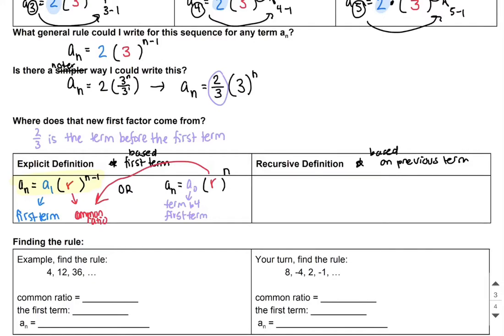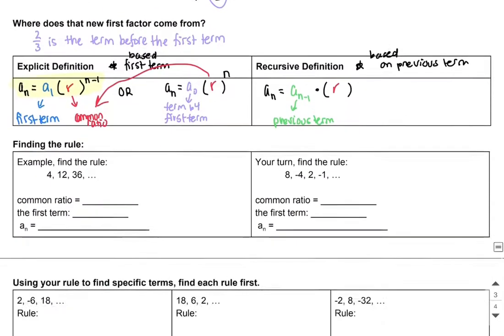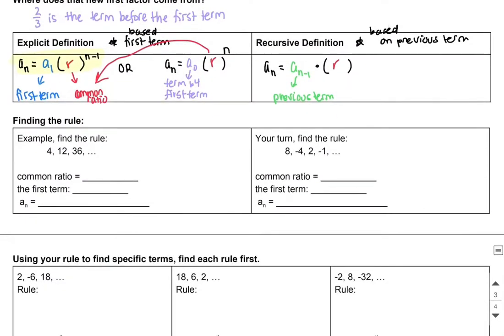All right, for the recursive definition, I have a sub n is equal to the previous term. So the previous term I would write as a sub n minus 1, and then I'm just multiplying by my common ratio. So this is the previous term, or preceding term. All right, and then I want to find the rule with these examples.